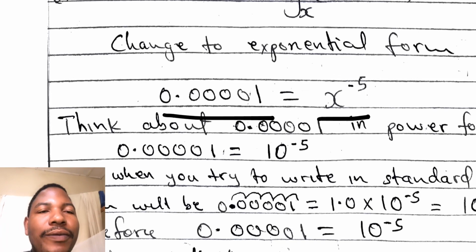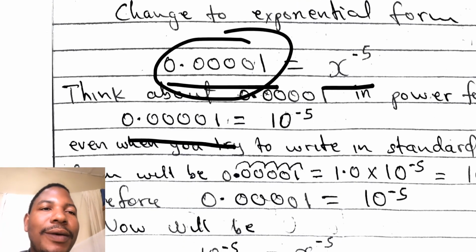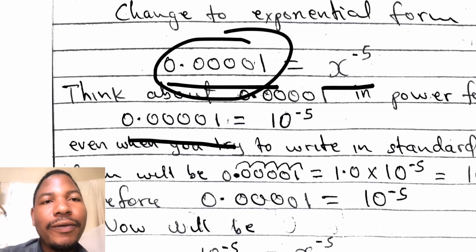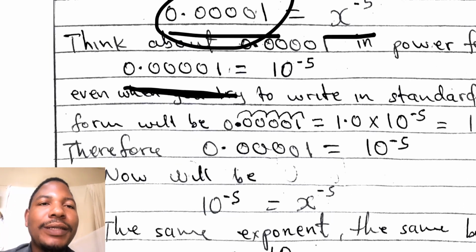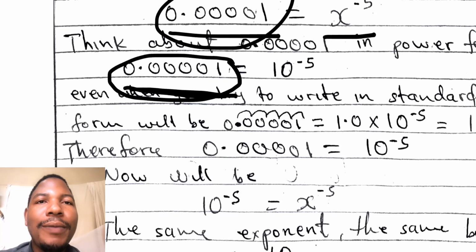Okay, so now you have to think about this one. This is the same as 10 exponent negative 5. Why is it the same as 10 exponent negative 5? Even when you want to write this number in standard form, how many steps can you shift?